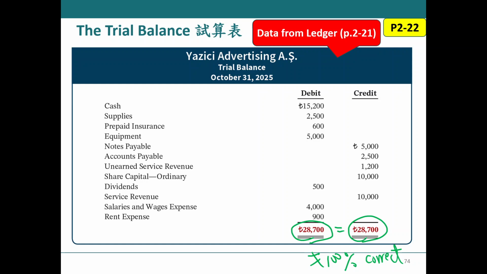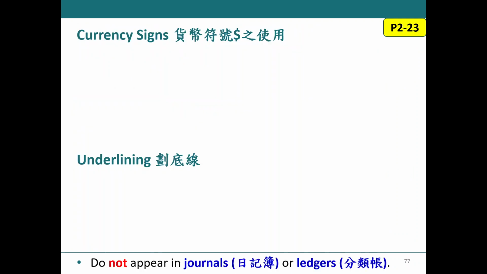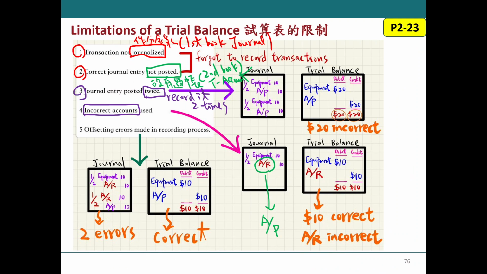But at least they should be the same, right? If they are not the same, then it's 100% wrong, okay? So here are just a couple of situations to tell you, even though total debits equal total credits, you can still make a mistake, okay?